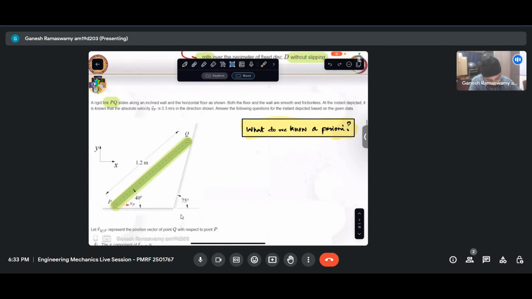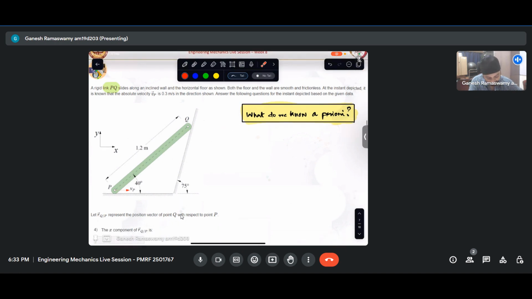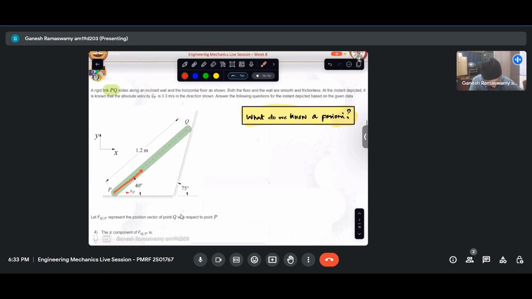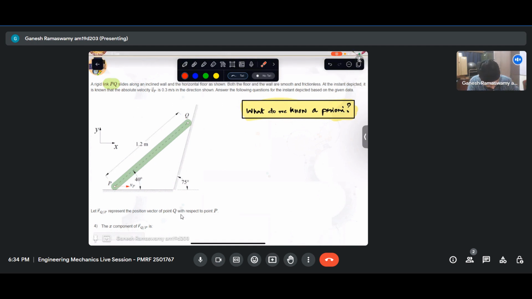Now let us try to first analyze what is it that we know. What do we know from this problem as of now? We know that this link is rigid. So this 1.2 has to be fixed. 1.2 cannot change. We know that this thing never loses contact with the floor or the wall.